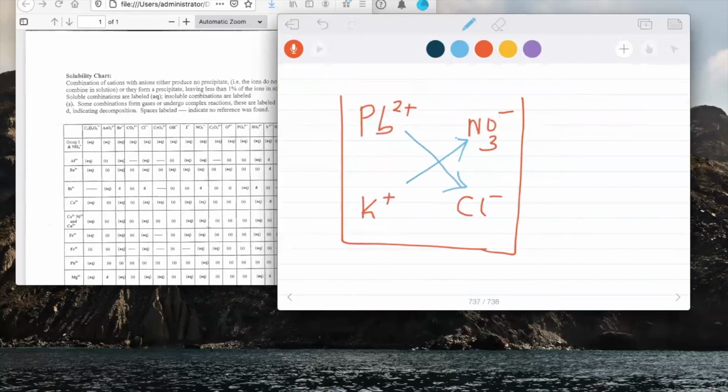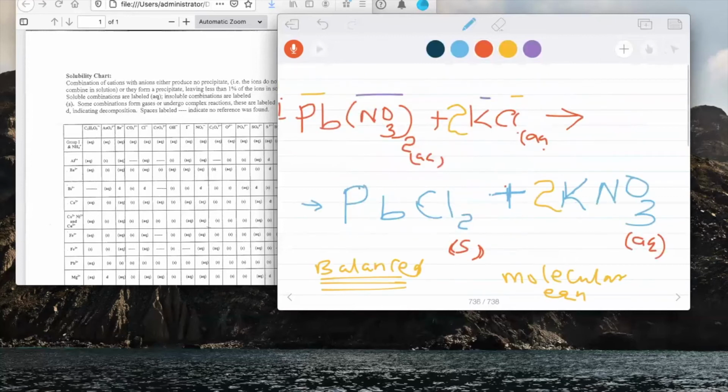Let me use the same equation here to do the splitting. Look at where I'm splitting. This is where you need to split because there is the polyatomic ion nitrate and there is the lead 2 ion. I will split here where there is potassium and chloride.